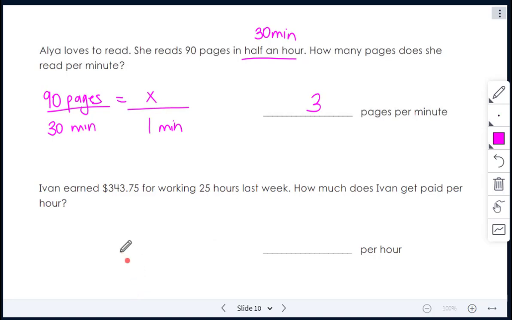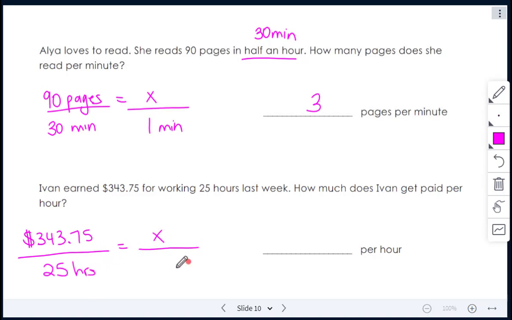Okay, here Ivan earned $343.75 for working 25 hours last week. What is he getting paid per hour? Let's set up that ratio. $343.75, that's for 25 hours.